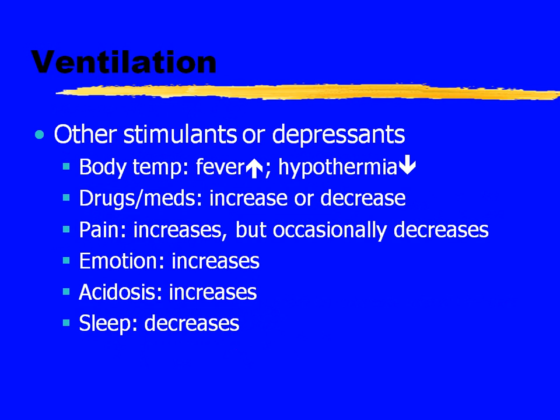So, other stimulants or depressants: body temperature. What do you think happens to your respiratory system when you have a fever? You're going to breathe faster. We're trying to blow off the heat.